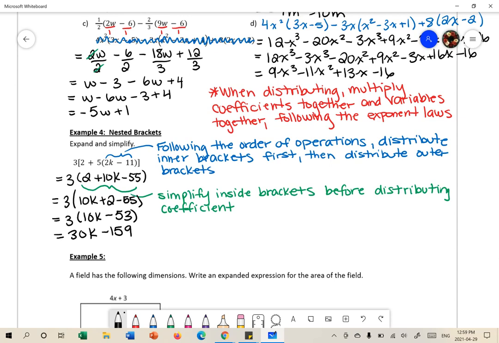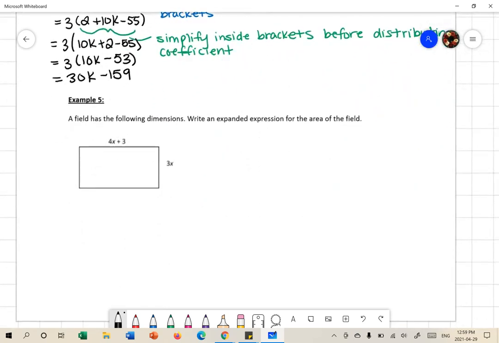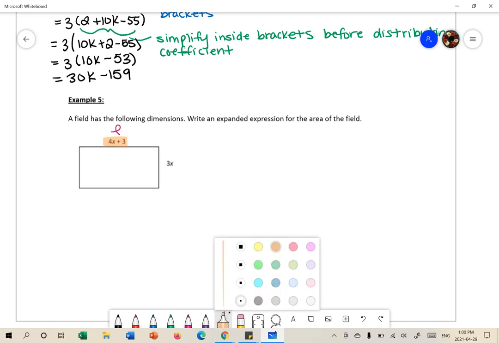Okay, last question. A field has the following dimensions. Write an expanded expression for the area of the field. Okay, so remember this is your length and this is your width.